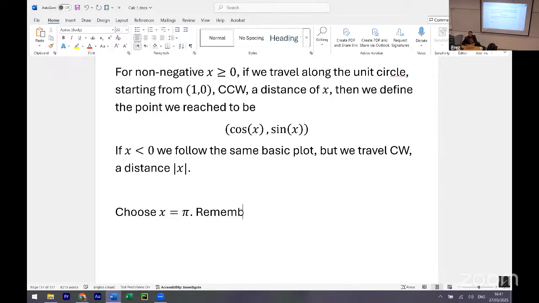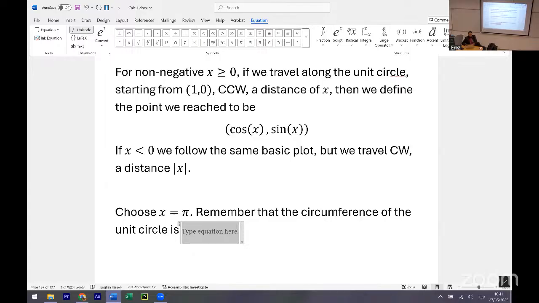Remember that the circumference of the unit circle is 2 pi.